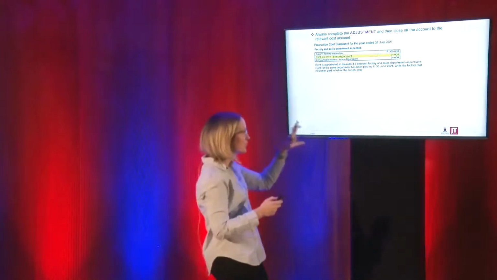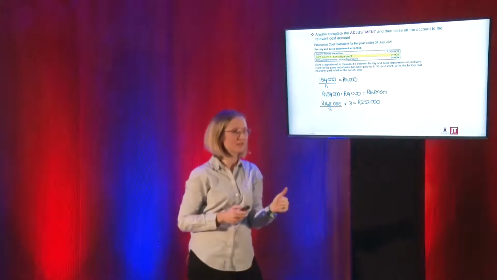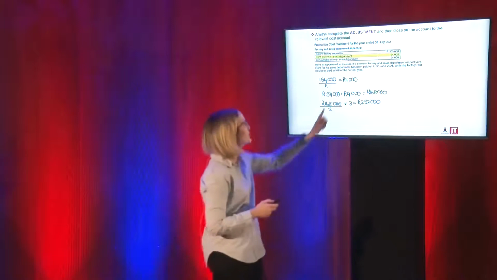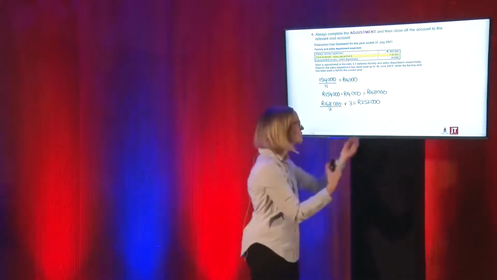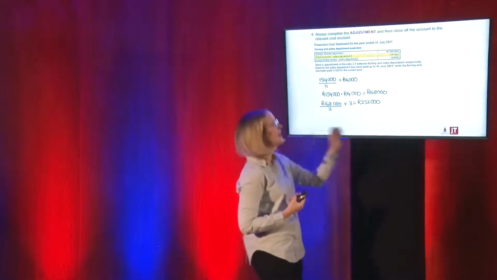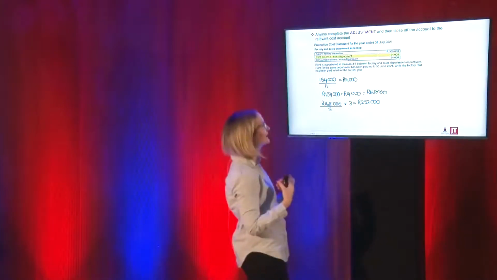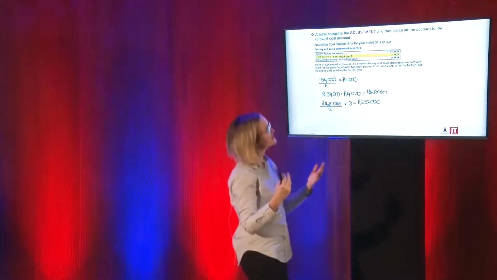So how do we approach this? Number one, we first do the adjustment. So we need to find out what the monthly rent is. So we divide it by 11 to find out the total rent for the sales department for 12 months. And once we've got that, we can now divide it into the different departments.